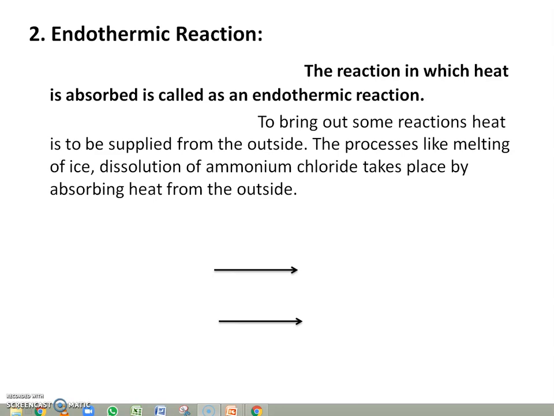A daily example in our life: when we have to melt ice, we have to supply heat from the outside. In this process, the heat is absorbed by the reactants from the outside, and that's why this is an example of an endothermic reaction or endothermic change.